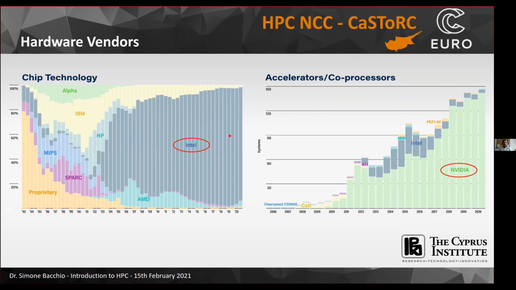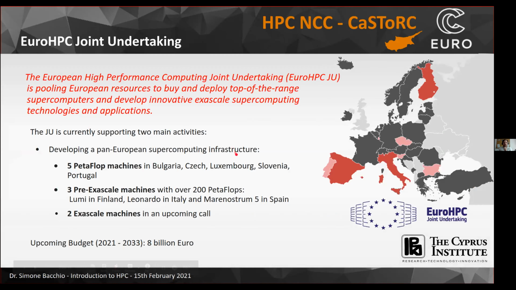So now let's have a look at how this picture is going to change in the next years. Stelios introduced the EuroHPC project, which this national competence center is part of. The EuroHPC joint undertaking is the entity that will fund the next supercomputers in Europe.